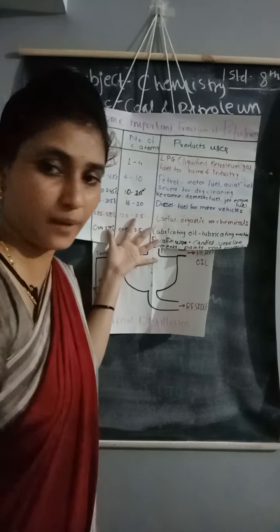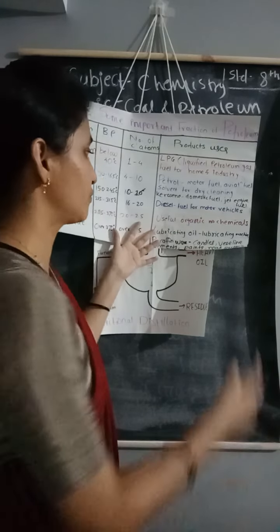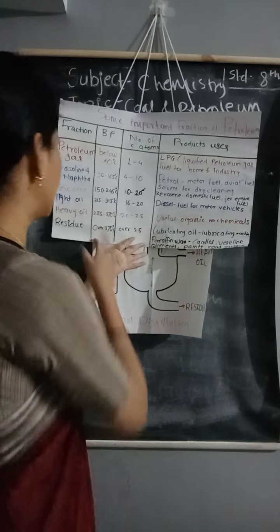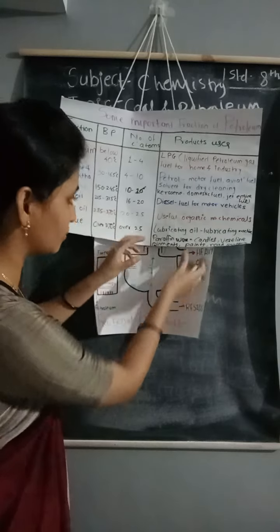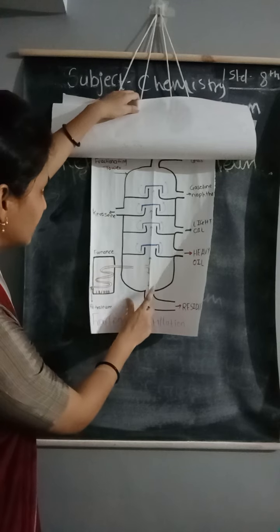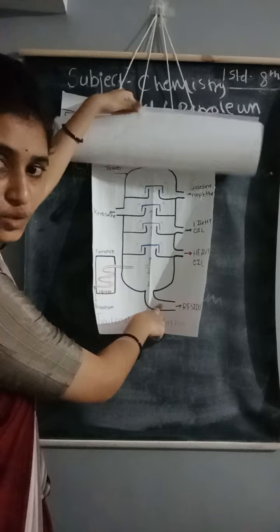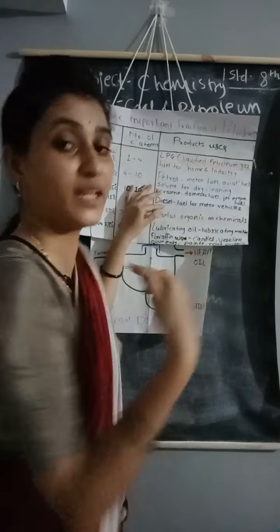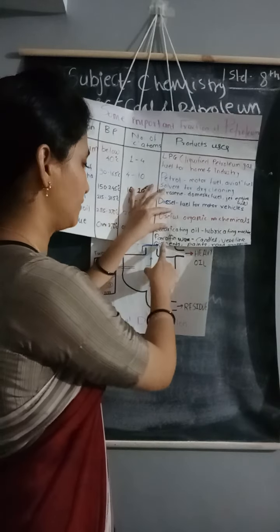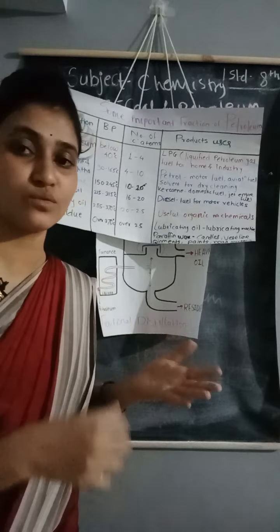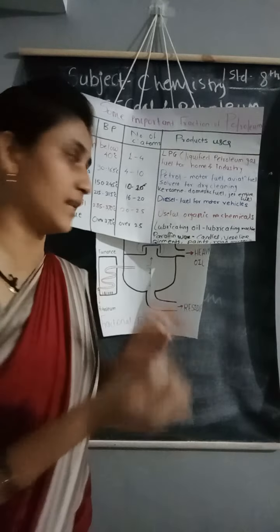Heavy oils give useful organic chemicals. Then the residue, which collects in the lower side of the fractionating tower, also has uses: lubricating oil for lubricating machines, and paraffin wax for candles and Vaseline, which we use in daily life.